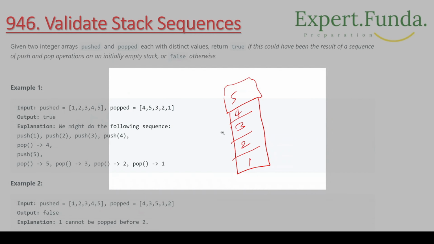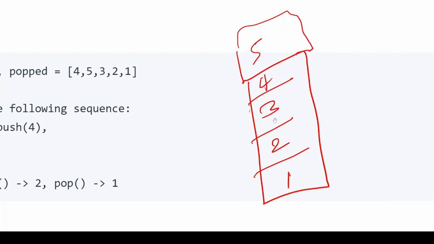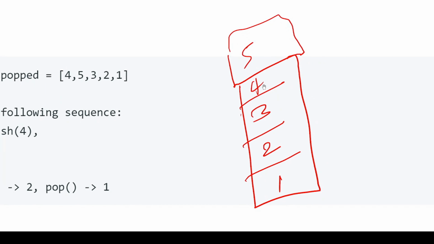So we have 1 2 3 4 5 on the stack, meaning we have pushed 5 elements, correct? Now what will happen after pushing these elements? If we remove consecutively, first we have 5, then 4, then 3, then 2. Like this we will get the pop array.